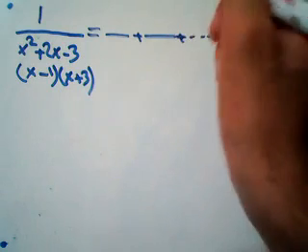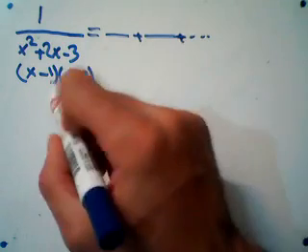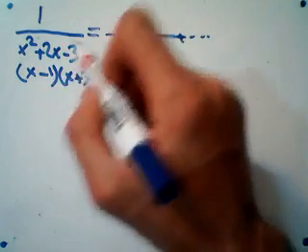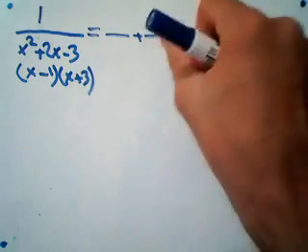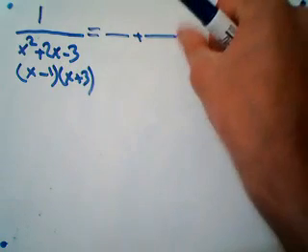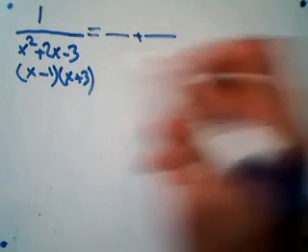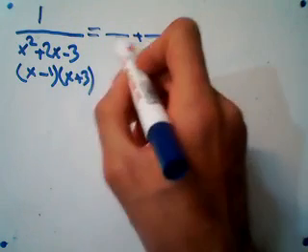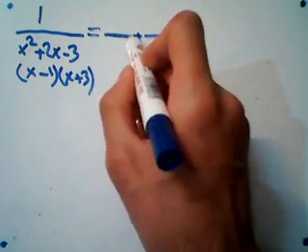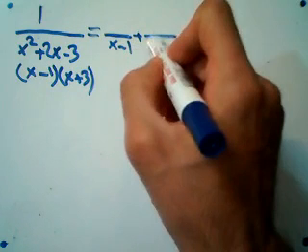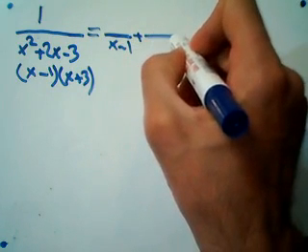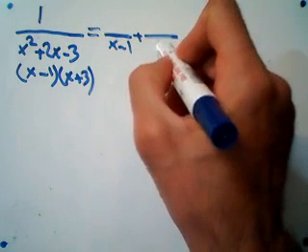Okay, now we got two factors here, so we have two fractions here also. And the denominator of the first is x -1 and the denominator of the second one is x plus 3.